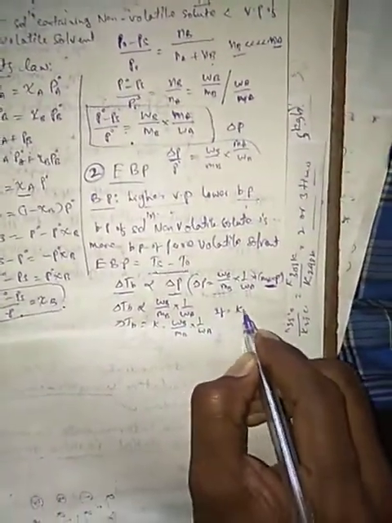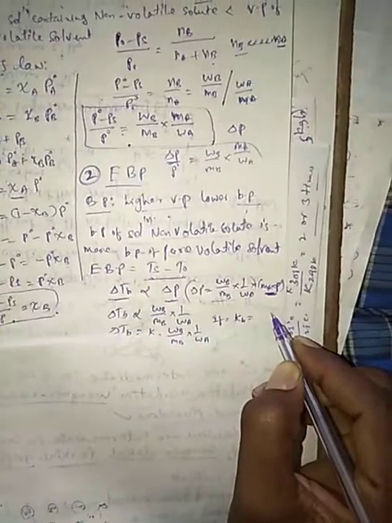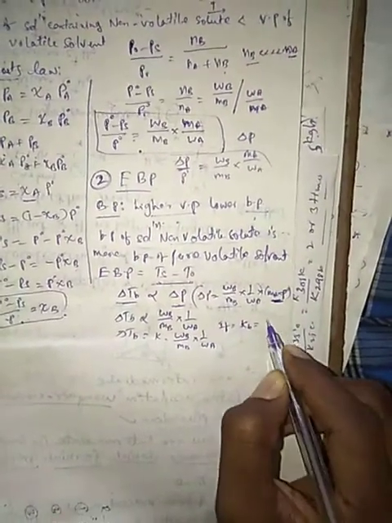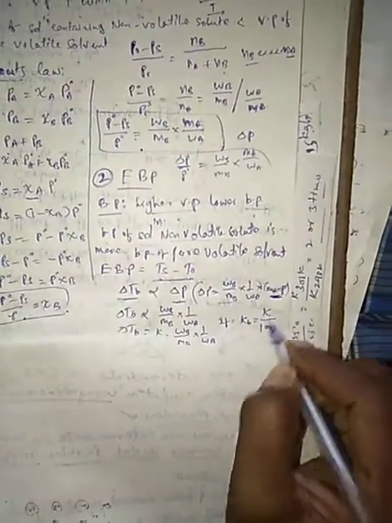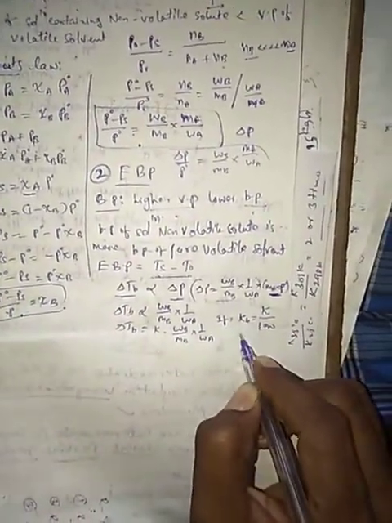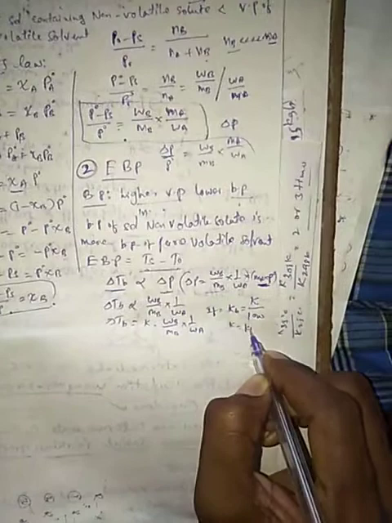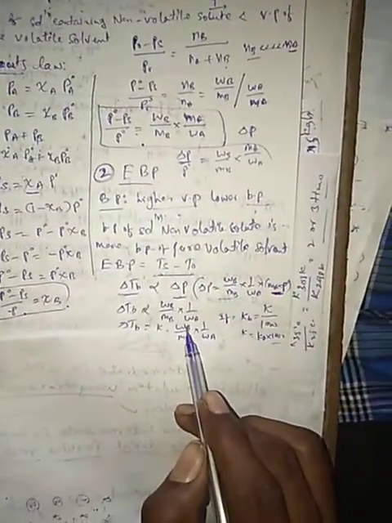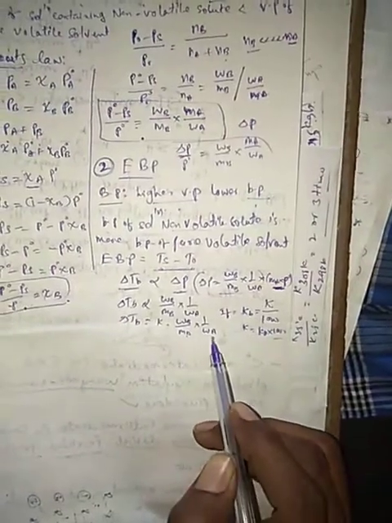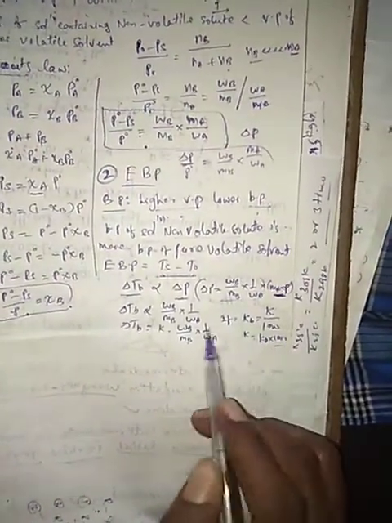If KB is equal to 1 by K into 1000, then K becomes KB into 1000. In case WB by MB is equal to 1 and WA is 1000, then the equation becomes KB equal to 1 KB.